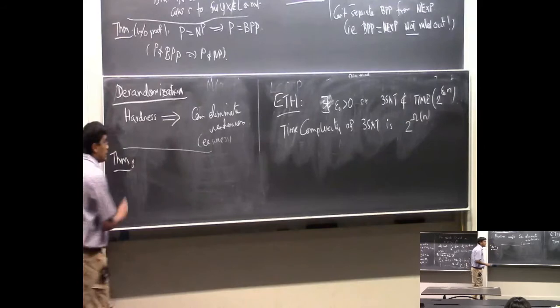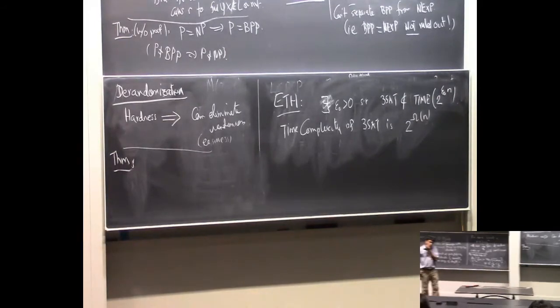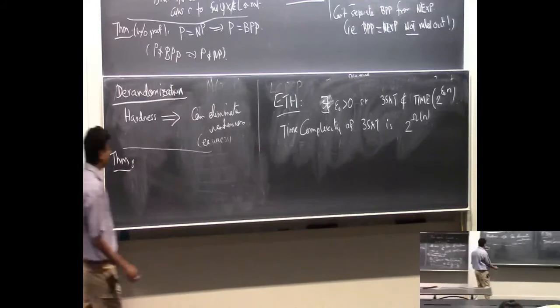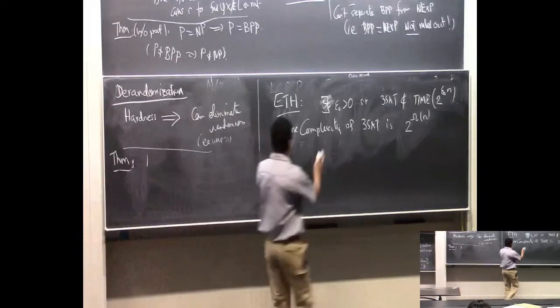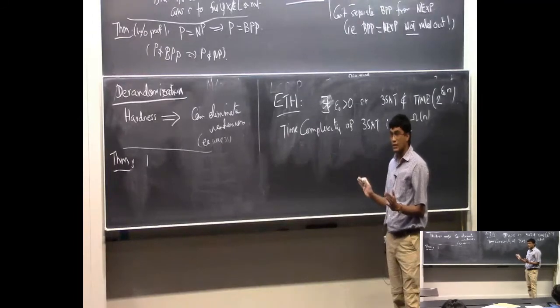More or less, it would be nice if you could say ETH implies P equals BPP. Morally that's what this theorem says, but there is an important and significant difference, which is that you replace time complexity by circuit complexity, which is a very strong hardness.